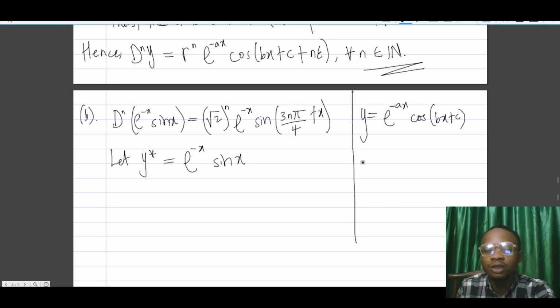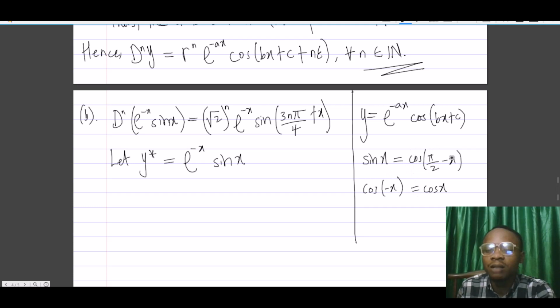Okay, so we know that normally sine x is equal to cos of 90 minus x. We've talked about that before. That was cos of pi over 2 minus x. We also know that cos of minus x is the same thing as cos of x.